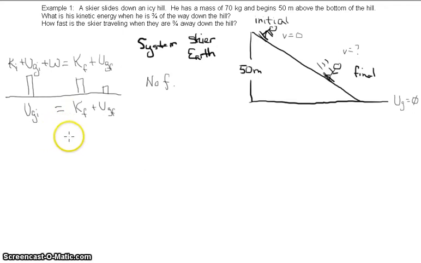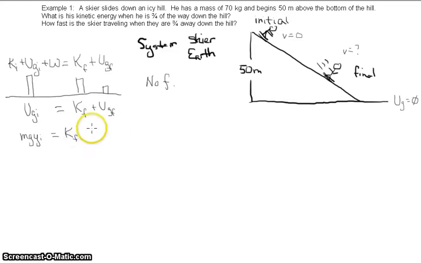Now we can solve for either of our two questions. What is the kinetic energy when he's 3/4 of the way down the hill, and how fast is the skier traveling when they are 3/4 of the way down the hill? Earlier in class today, we derived an expression for gravitational potential energy, which is mgy. mgyi is equal to KF plus mgyf. They're asking for the kinetic energy, so I'm just going to leave kinetic energy by itself.